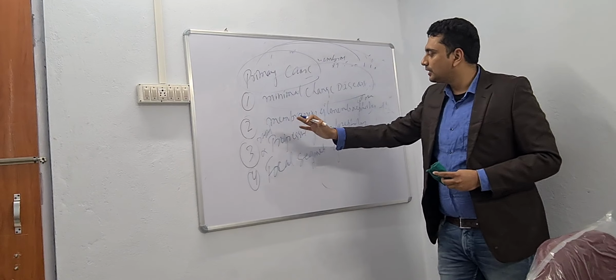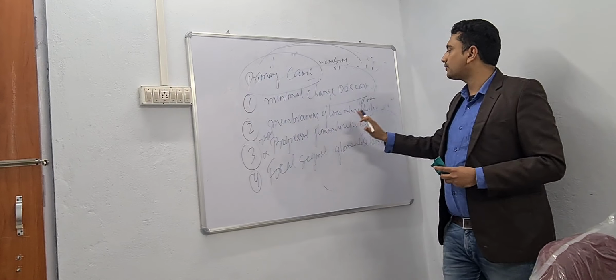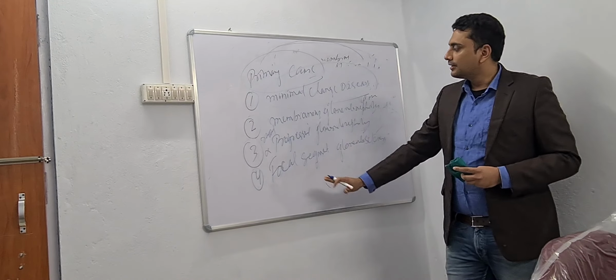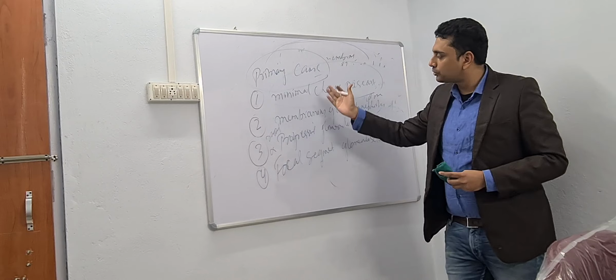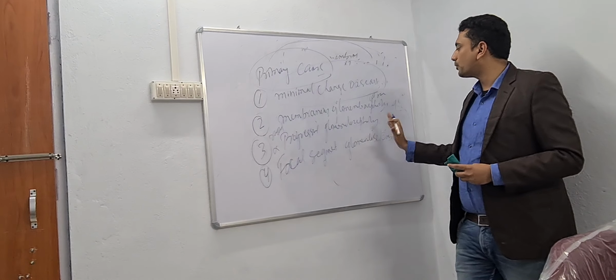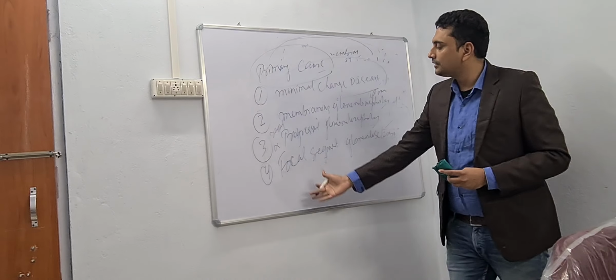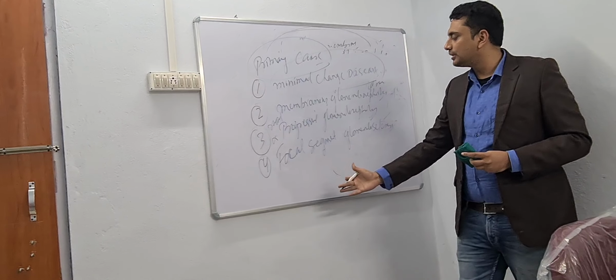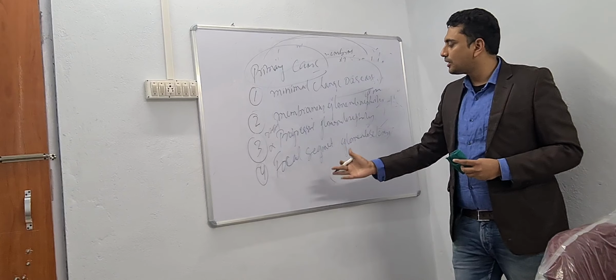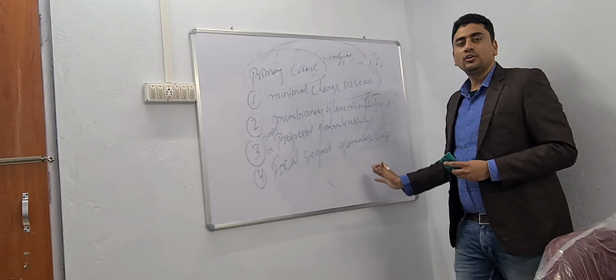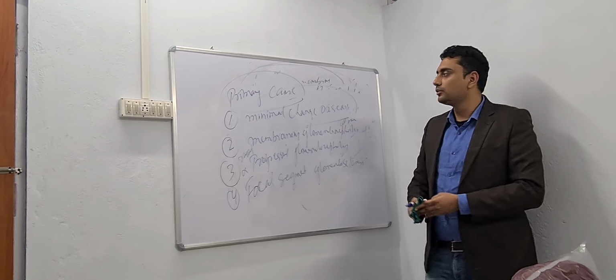Then in adulthood, in later stage, it could be due to membranous glomerulonephritis. Nephrotic syndrome can also be caused by rapid progressive glomerulonephritis, and is also seen in cases like focal segmental glomerulosclerosis. So these are the primary causes.